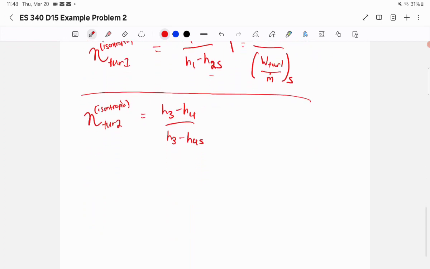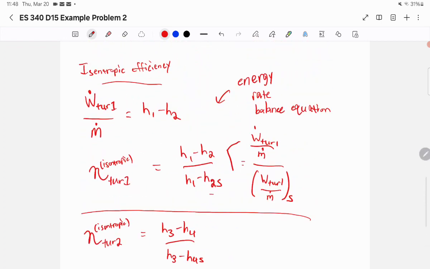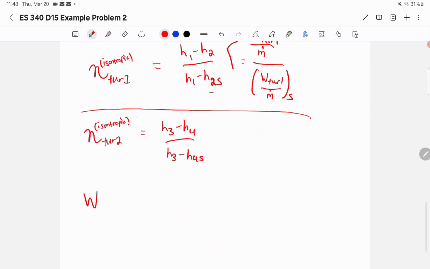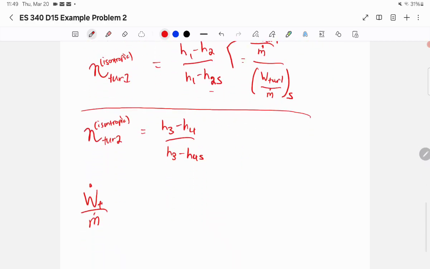Again, if I write the energy rate balance equation, just like I did here, I'm going to skip to the end result. You can work through this as I've done in previous problems and figure out how you get to this. But this is really just going to be h3 minus h4.